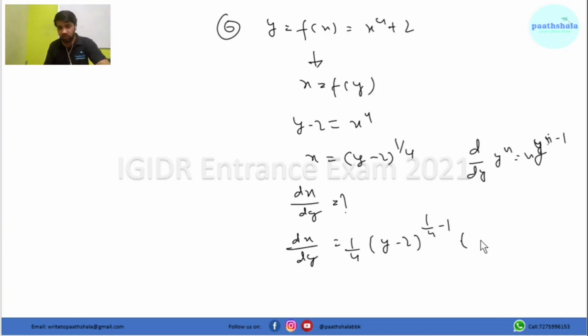Differentiation of y with respect to y is 1, and differentiation of a constant is 0. So this has come out as 1 by 4 into y minus 2 to the whole power, and this power on solving will become minus 3 by 4, and in the denominator it will become 3 by 4. So this is your answer.